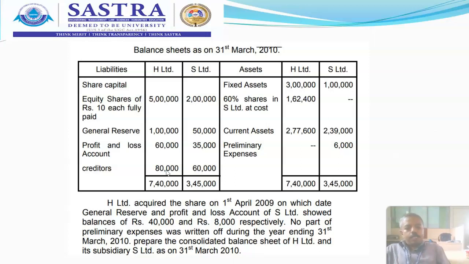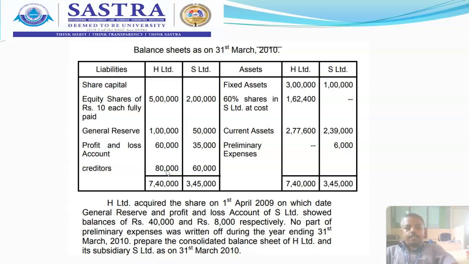So altogether we got 10,000 as a transfer from the current year profit. Now let me balance the profit and loss account ledger. If we balance that, we get the profit for the year as 37,000. This profit for the year is termed revenue profit.